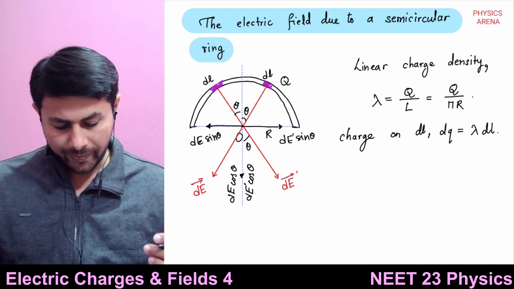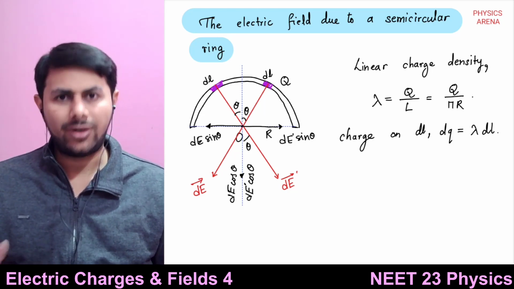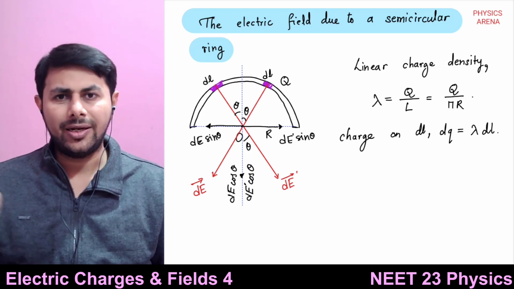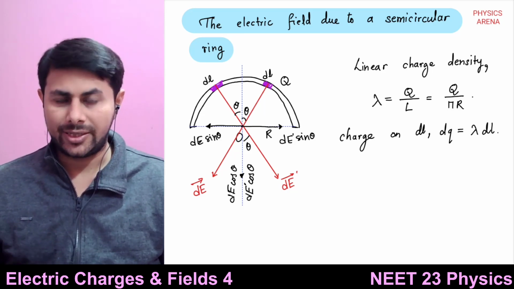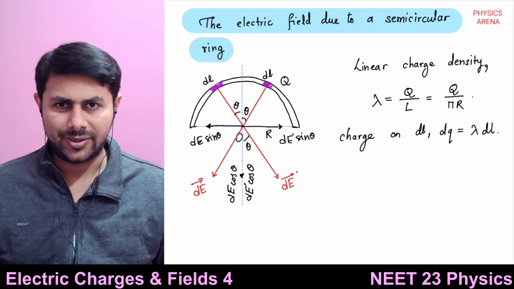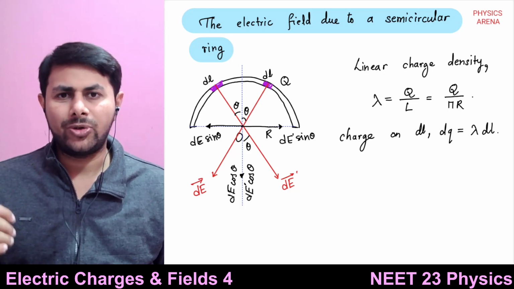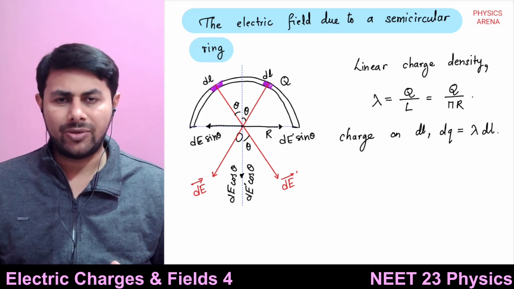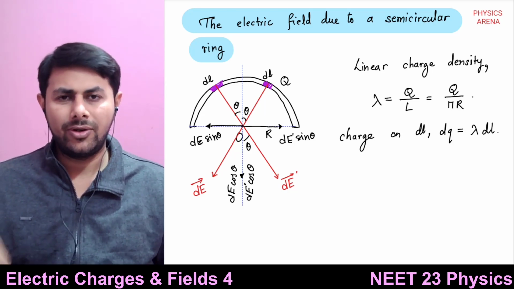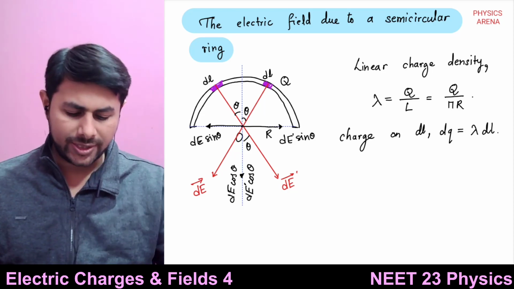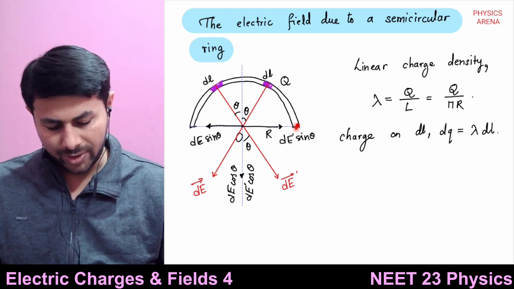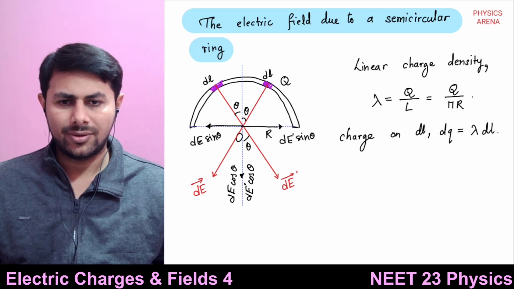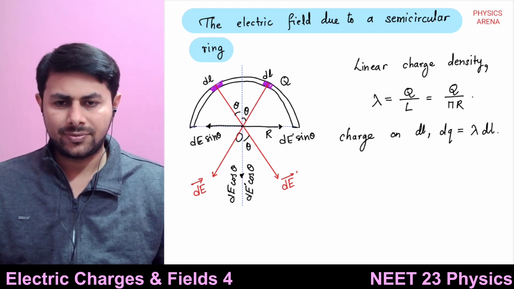So the sine component of the electric field due to one length element would be cancelled by the sine component of the electric field due to another length element, and their cos components get added up. That's why the net electric field will be just the sum of cos components of all such length elements taken from here till here. Got this? Yes, no?